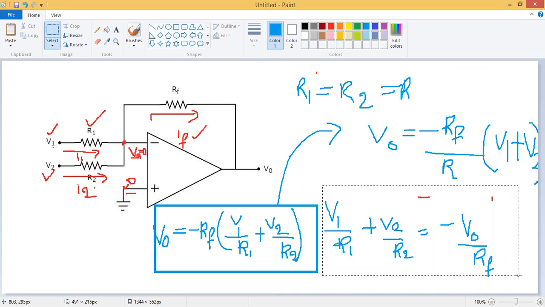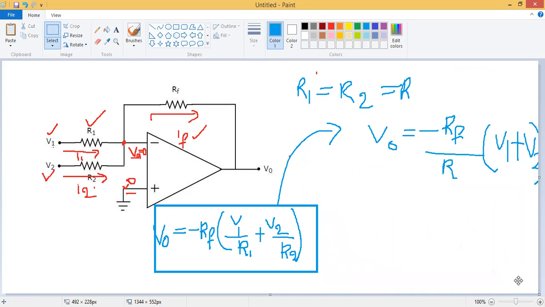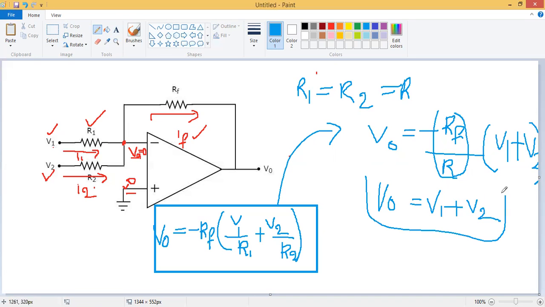Suppose RF is equal to R, then these two are equal. If these two are equal, then the output voltage expression is V0 equals minus (V1 plus V2). This is the output voltage expression for the inverting adder circuit.